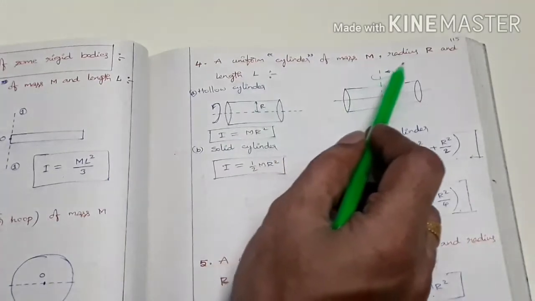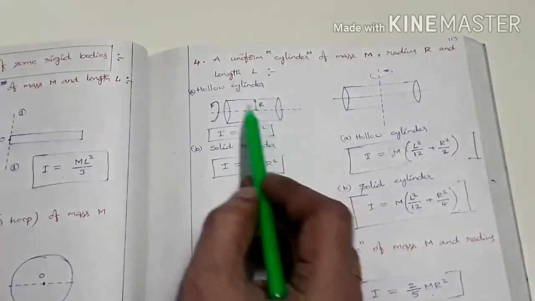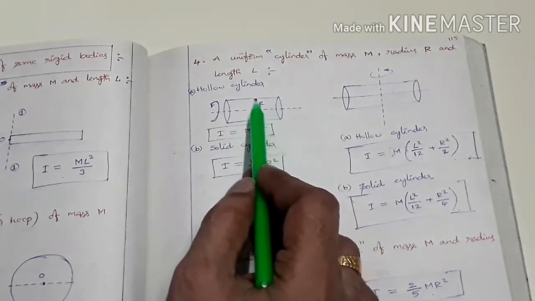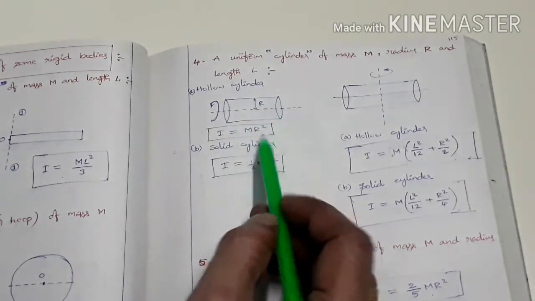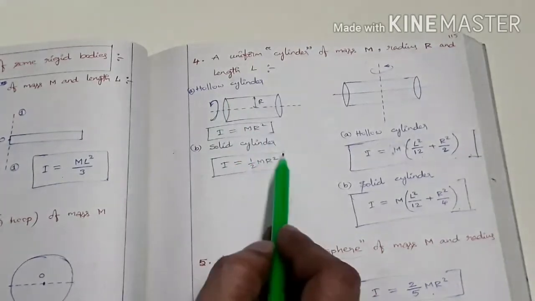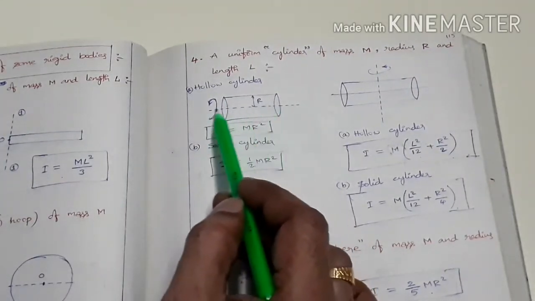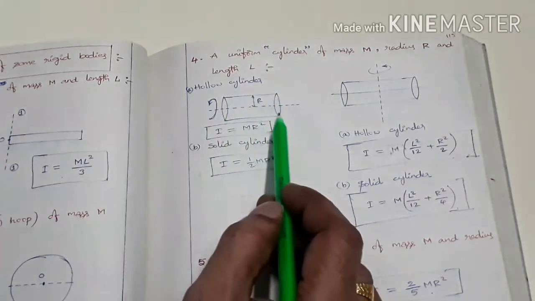Next one, uniform cylinder of mass m and radius r and length L. We are considering a uniform cylinder here of length L and radius r, and mass is m. Hollow cylinder and solid cylinder. So for the hollow cylinder, this is the geometrical axis, which is passing through the center of the cylinder and normal to the end caps.